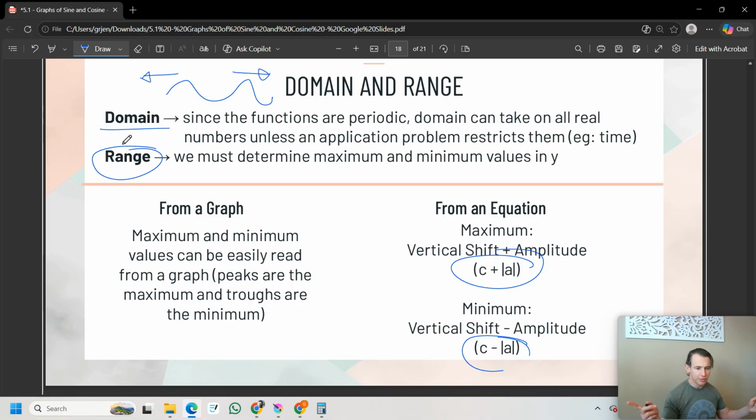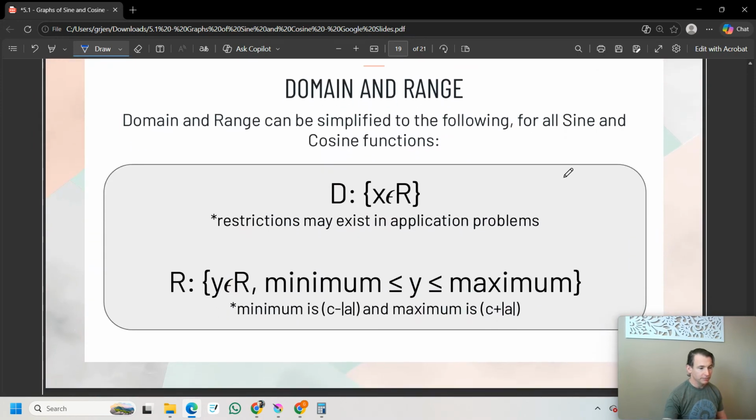There's no limits to what we can input to these functions for sine and cosine. So that's no problem. We'll generally have these restricted, like through a certain time frame or through a certain number of revolutions. So here the x's of the reals, or just like you would say -infinity to infinity, is our domain, and the range is including the minimum and including the maximum.